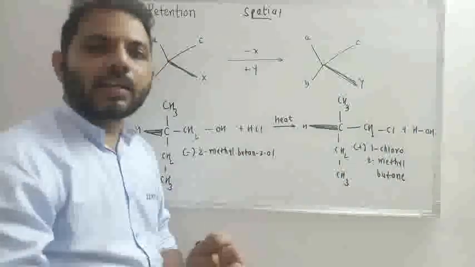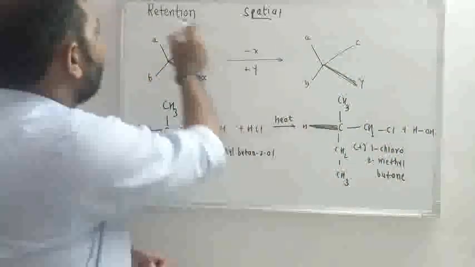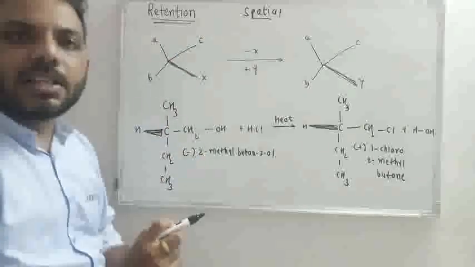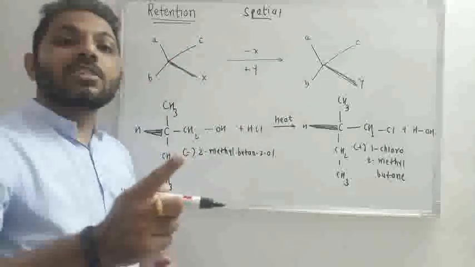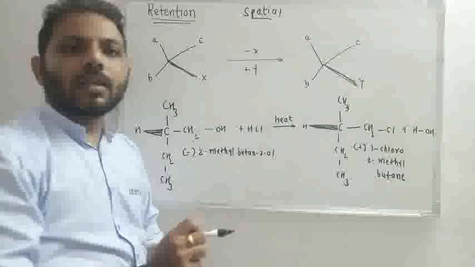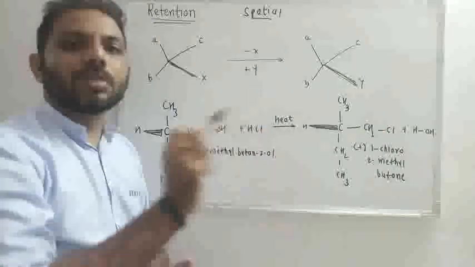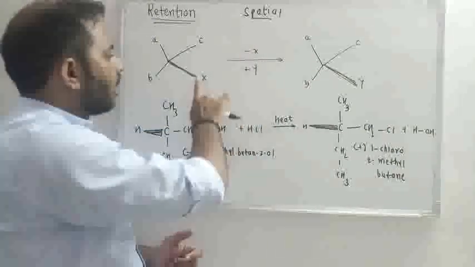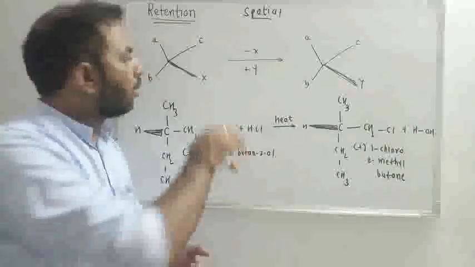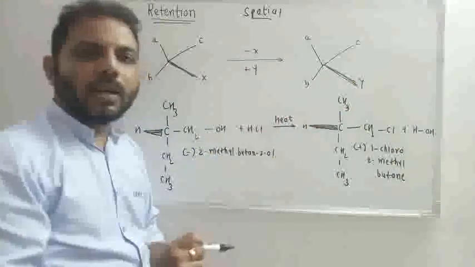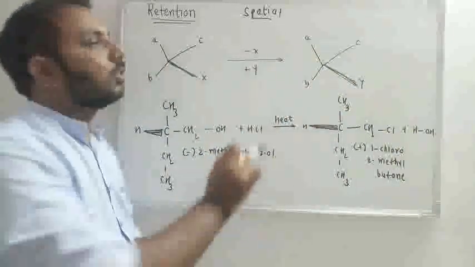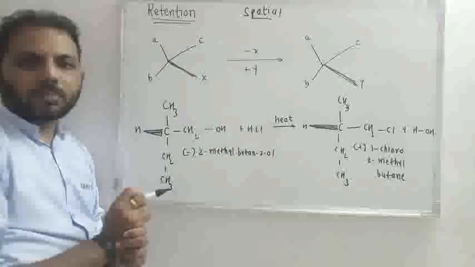So we can say that retention has taken place. There is retention of atom, retention of spatial configuration, retention of position. Substitution reaction has taken place, but the position remains the same. That kind of reaction is known as retention.